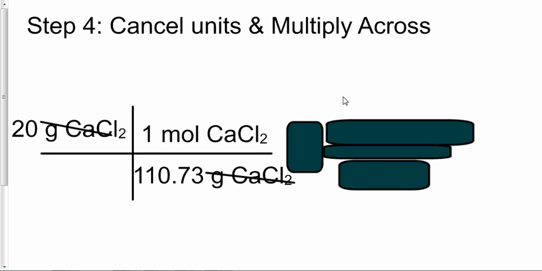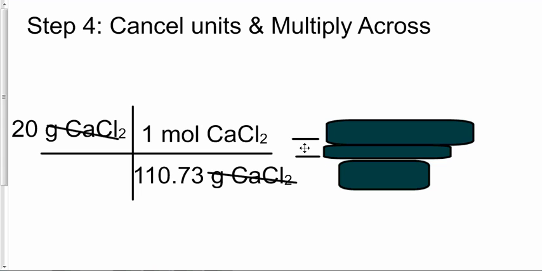Now the next step is to cancel my units. You can see I've done that. Since I have grams here and I have grams there, I would cancel them. Draw a line through there and a line through there. All right?